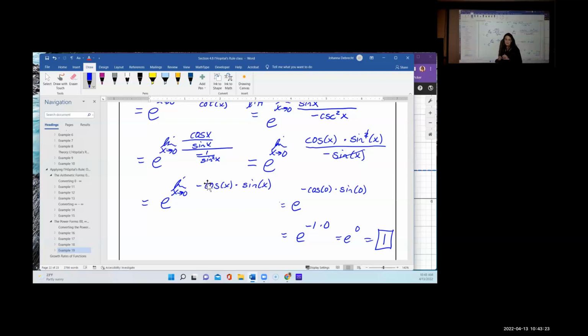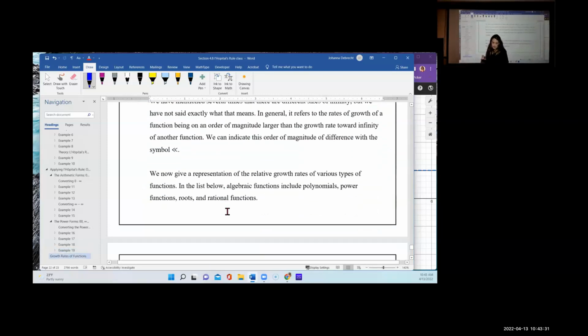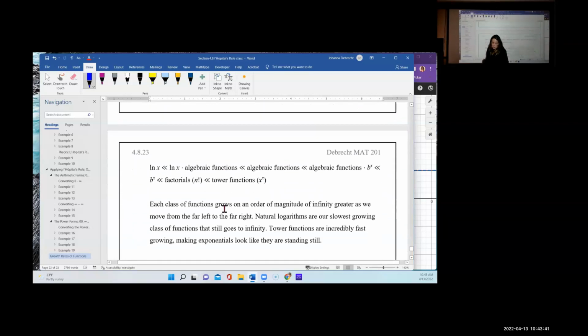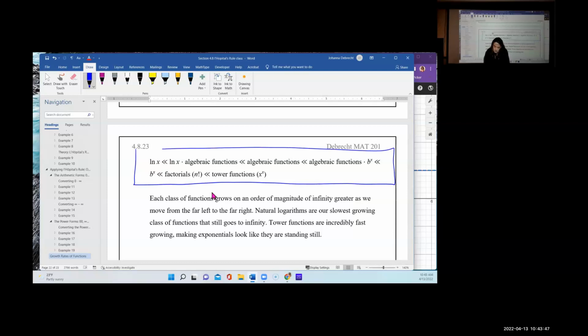All right. The only other thing that we have to talk about are the growth rates of functions, the general growth rates of functions. And the symbol we use for that is this double less than to show an order of magnitude of difference on the growth to infinity. So in this example right here, you'll see the general growth rate of functions.